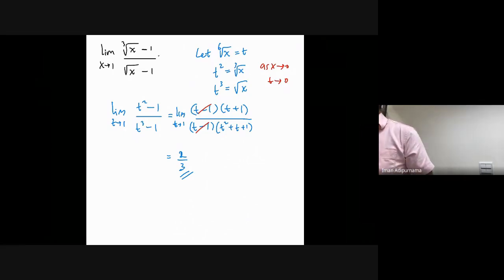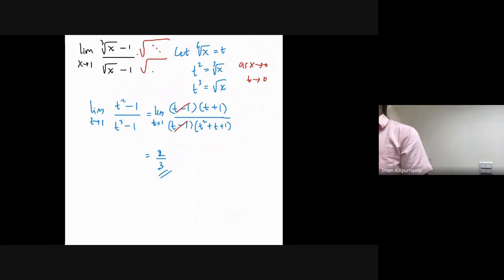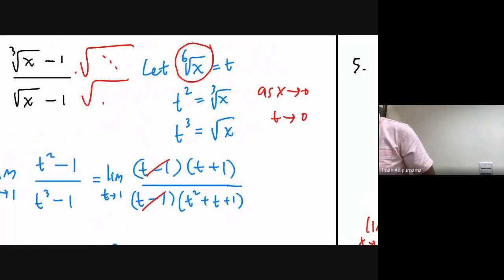You can also multiply by the conjugate to rationalize and get the same answer, but I prefer to change to another variable because square roots sometimes make it difficult to calculate. So I use the sixth root of x as our t. When I square this t, it becomes this, and when I cube this t, it becomes square root of x.